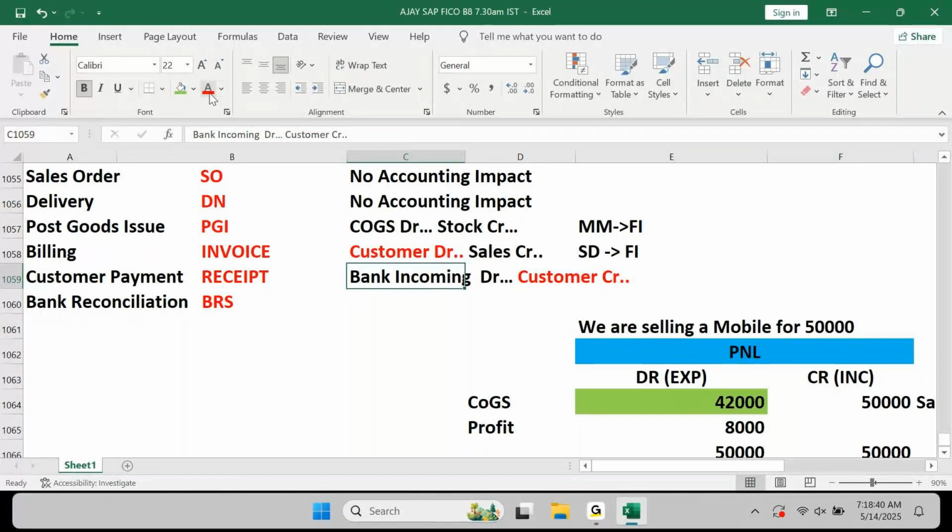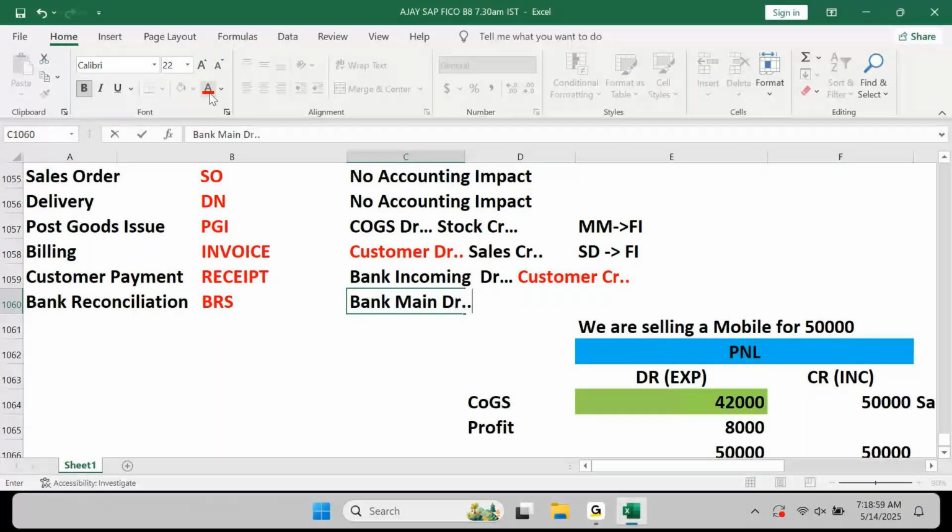Now I will acknowledge you, but I will account it only when I see my bank statement. When I see the bank statement, I will ensure that yes, payment is credited to my account. What will I do? Bank main account debit, bank incoming account credit.